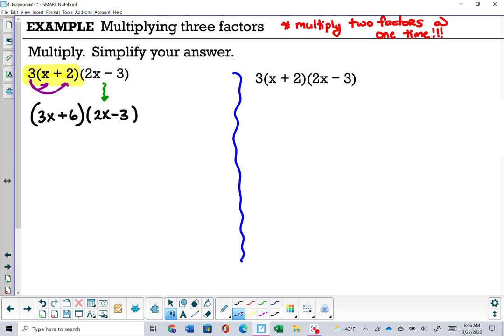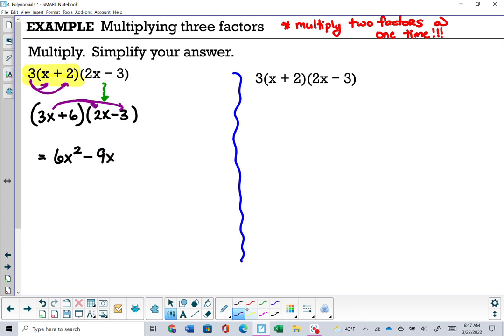So now I need to multiply that by the third factor. Again, I'm going to distribute. Start with distributing the 3x to the 2x minus 3. That's going to give me 3x times 2x gives me 6x squared, and then 3x times the minus 3 gives me minus 9x.